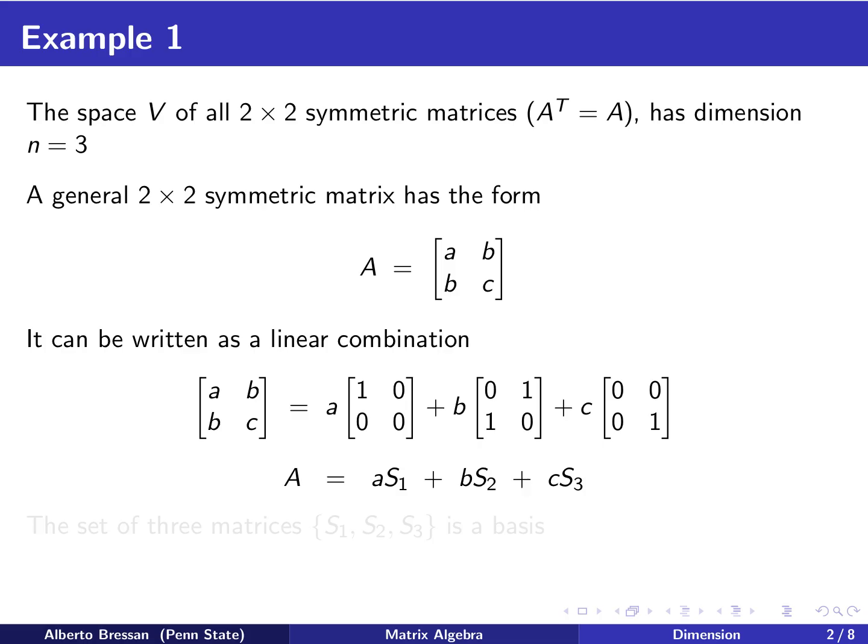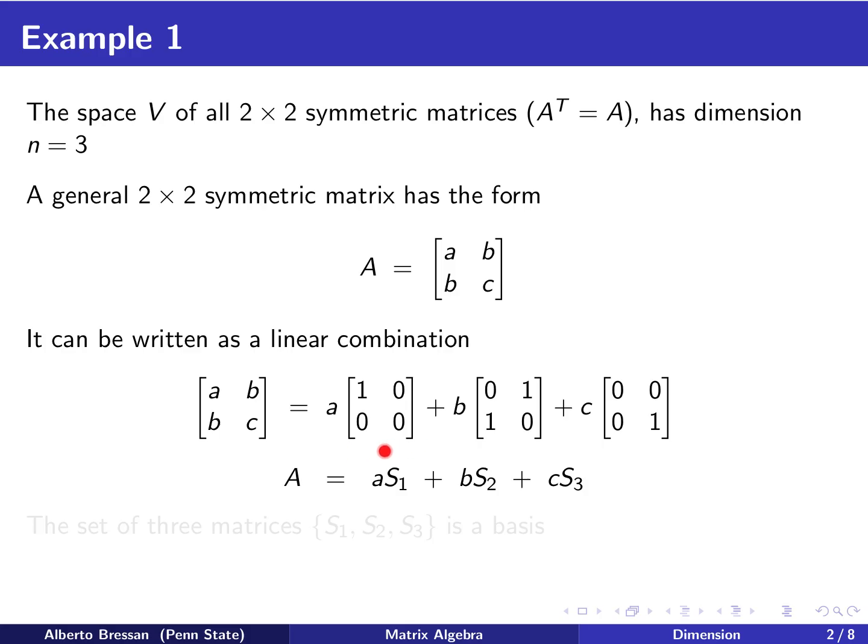And then we can do the following. Among these 3 coefficients, A, B, and C, we can construct 3 special matrices, that is making one of them to be 1 and the other 2 to be 0. Say, for example, I keep A to be 1 and put B and C to be 0.